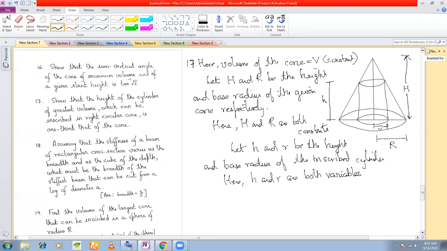So now what you see is, if I call this point A, this point B and this C, and if I call this point D, and this point E. Now what you see is that the triangles ABC and ADE are similar.